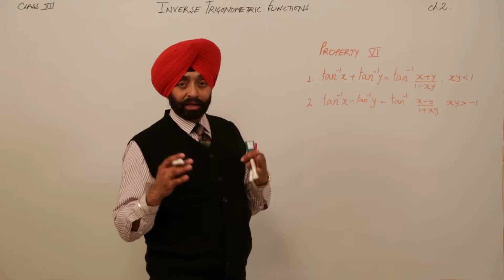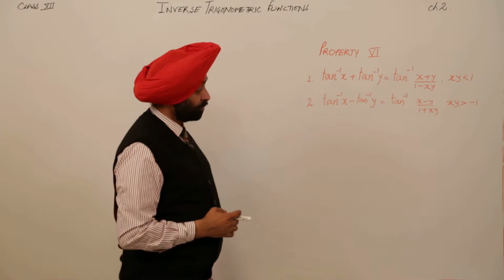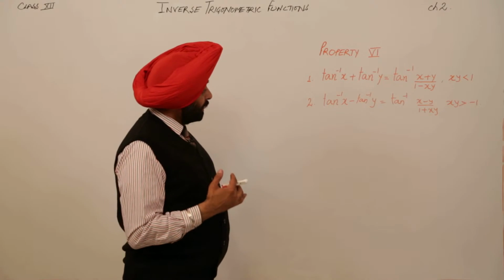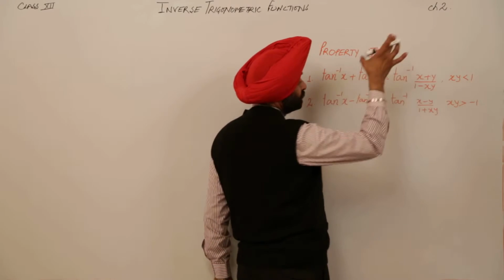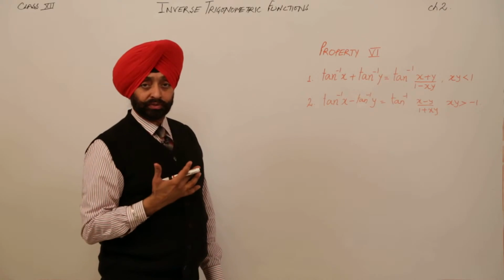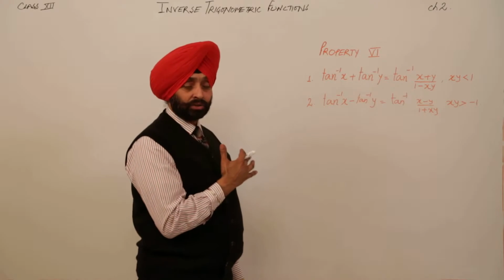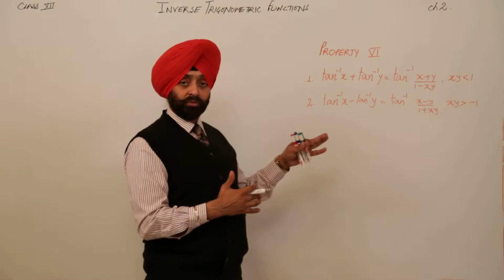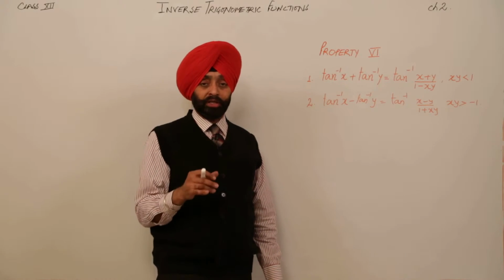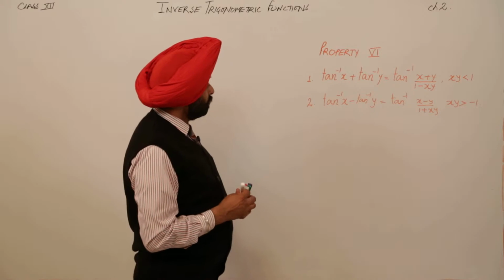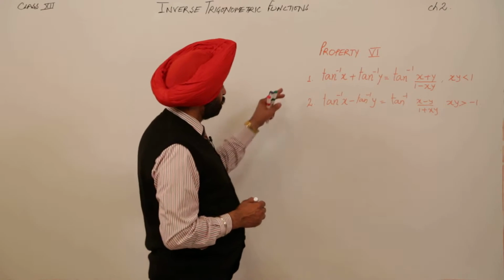Basically in our class we have tan inverse x plus tan inverse y is equal to tan inverse of (x plus y) upon (1 minus xy), and for the left hand side there are basically 3 results, but we normally use this one. Same for the second part. So after this property I will show you the results, and I will also give you a question based on the property. Okay, so now we are going to prove the first part of property number 6.